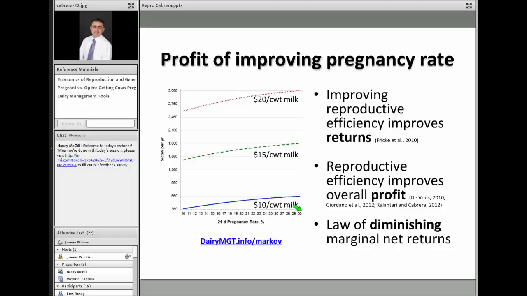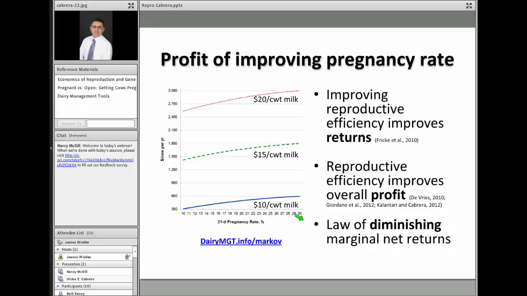But the point, and a very important point, is that even at 30%, which is a high preg rate, and actually I can tell you with great certainty, even at 40% preg rate, we will still have gains to make as we improve the preg rate. Bottom line, as we improve preg rate, we will always have a net return gain.